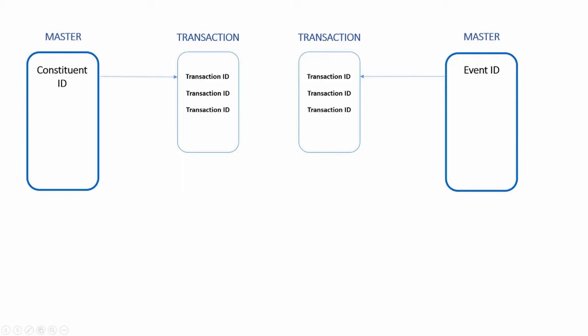So in the robust structure, the event can be the one in a one-to-many relationship. So now you can run reports with the event in the center rather than just the constituent in the center. So this makes day of reporting much cleaner, as well as analytics. For example, with an event module, all your event-related activities are being managed in one interface.